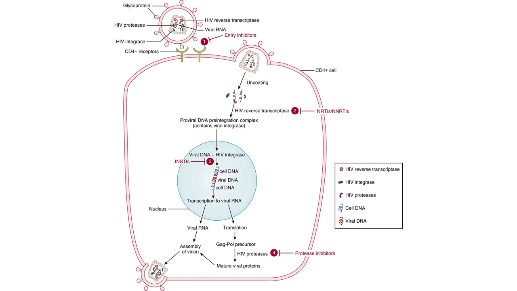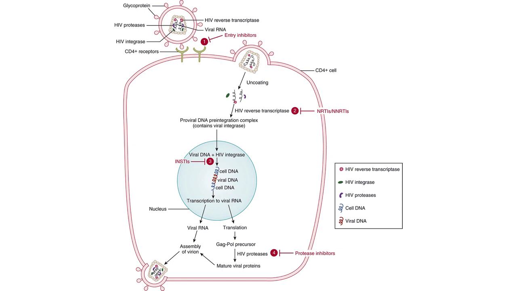So GP120 is present in HIV, and what is present in the host cell is CD4. Not illustrated here is the important function of chemokine receptor 5 and chemokine receptor 4, which is also present in the host cell surface.